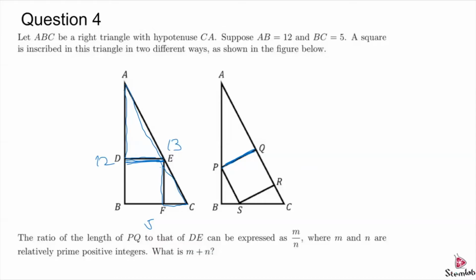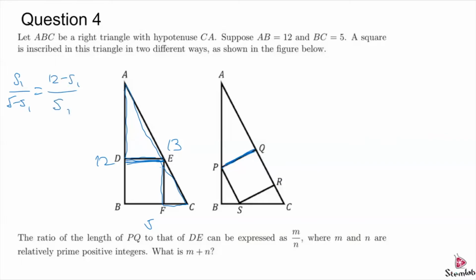So we could write the ratio in EFC of the two side lengths as basically EF, or we'll call it side 1, over 5 minus side 1. Basically, EF is to FC should be equal to AD is to DE. AD is no more than 12 minus S1, or side 1, all over side 1.